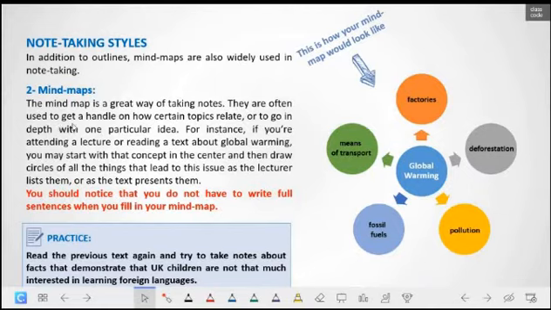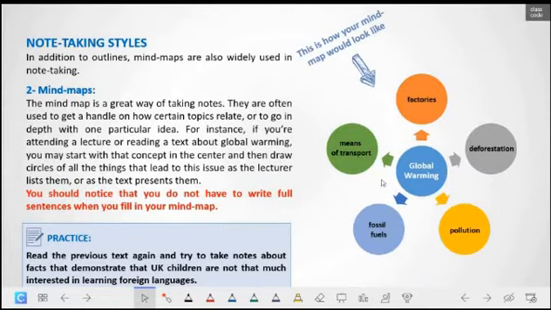They are often used to get a handle on how certain topics relate, or to go in depth with one particular idea. For instance, if you are attending a lecture or reading a text about global warming, you may start with that concept in the center and then draw circles of all the things that lead to this issue as the lecturer lists them or as the text presents them.